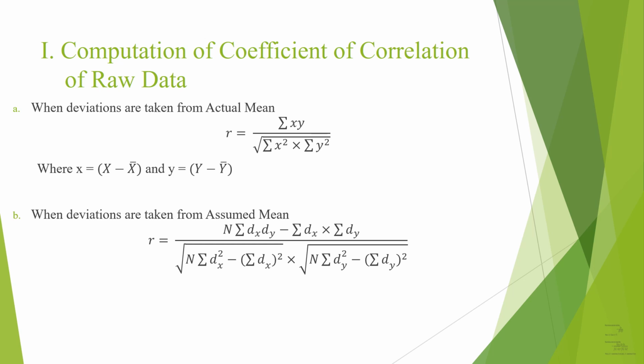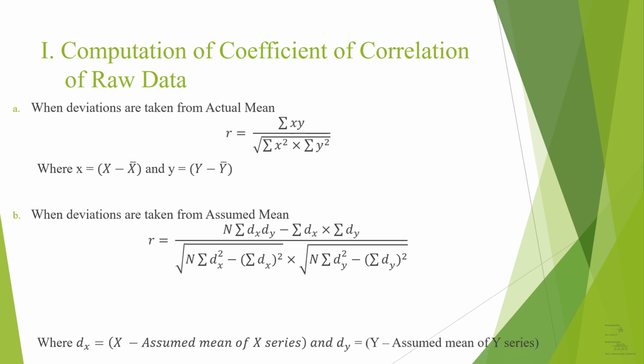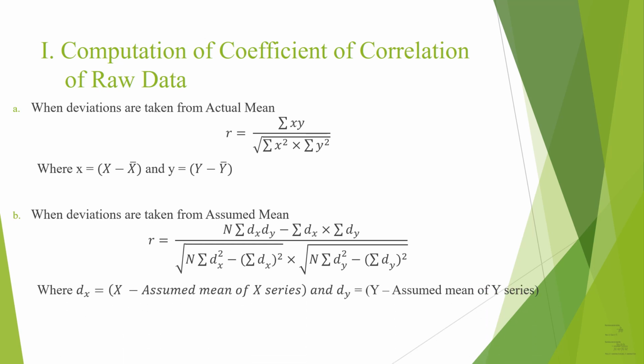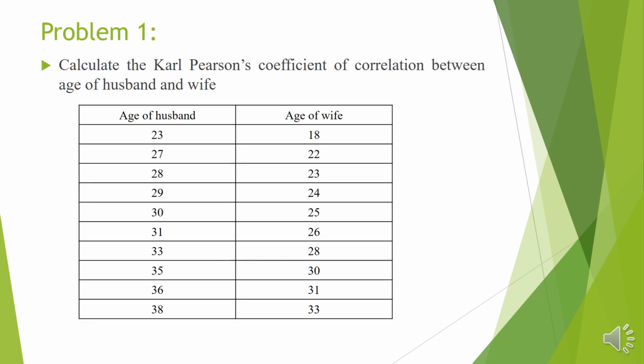Here dx and dy are the differences between the X variable and Y variable and their respective assumed means. So dx is equal to X minus assumed mean of X series, and dy is Y minus assumed mean of Y series. Let us work out a problem.